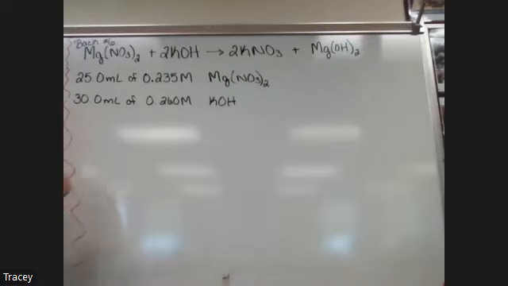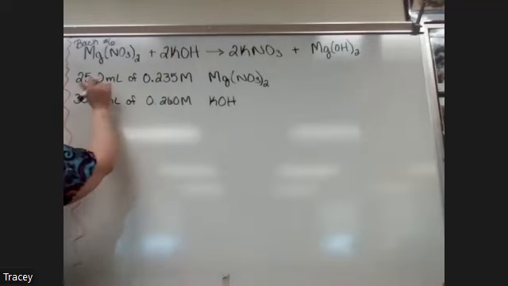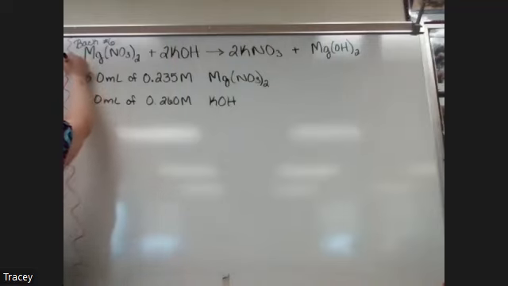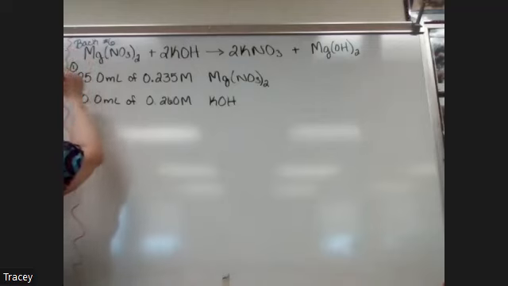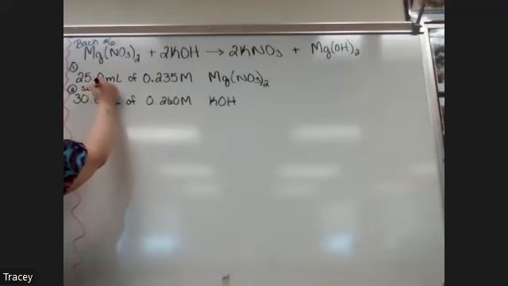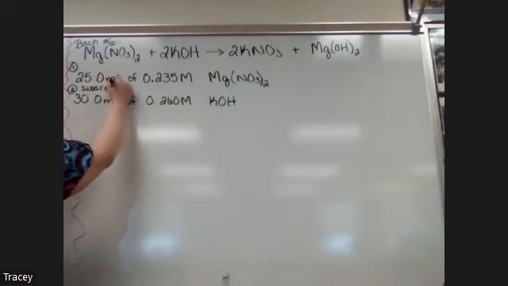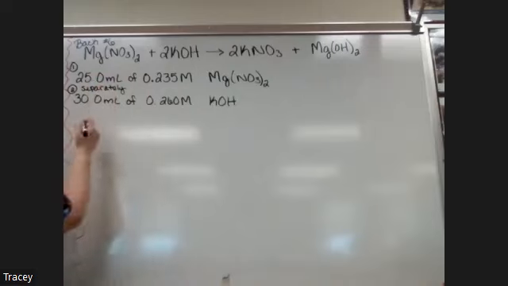So let's just dig into this. I'll probably have to erase in between. I might make it small. But anyway, we're going to work with this first set of volume and molarity. And then separately, we're going to do the next set.